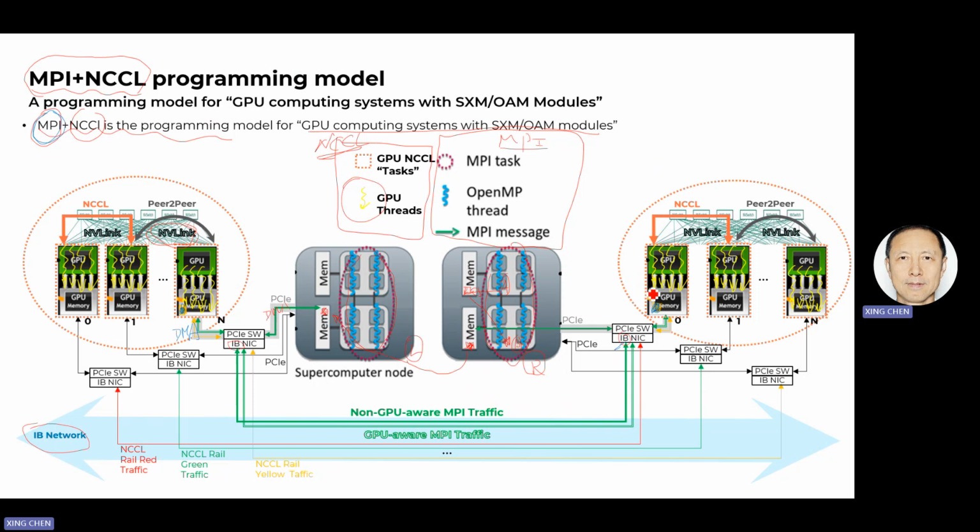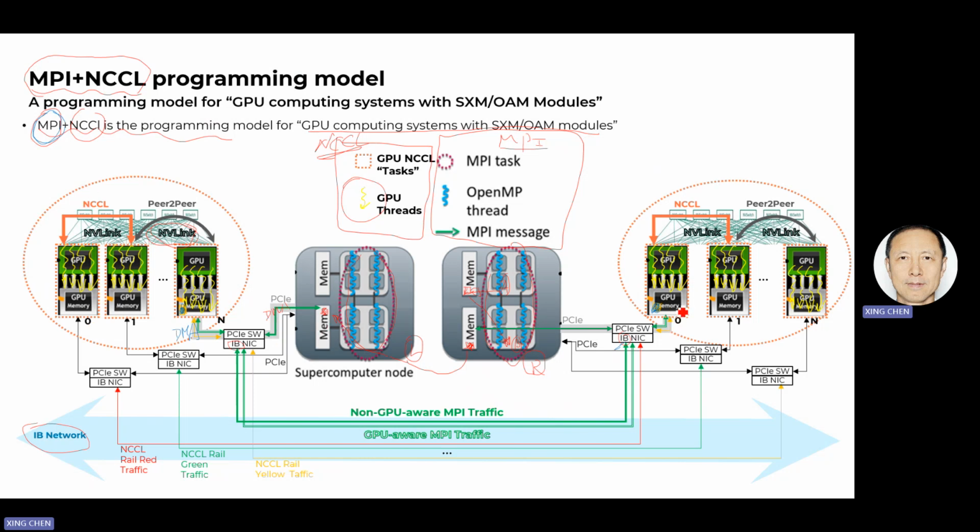I have mentioned in the earlier sections that you need to have lots of GPU threads, minimum 1 million GPU threads per GPU. Then suppose you have multiple GPUs connected to the right-hand side node. And the same story is that you have multiple GPUs connected to the left-hand side node.